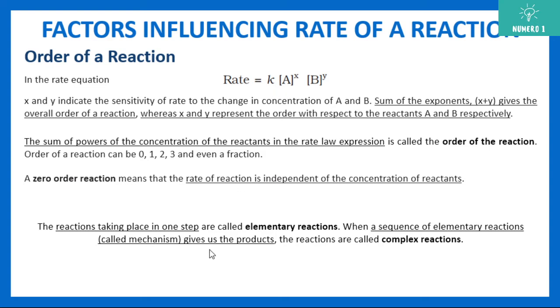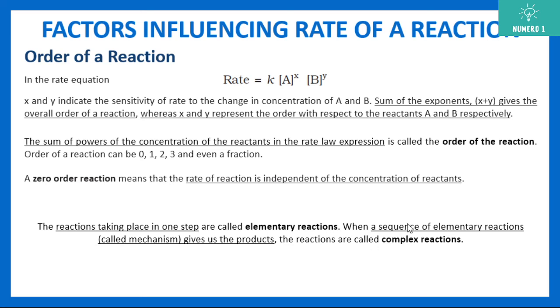Also, what is important here is that reactions taking place in one step are called elementary reactions. So this is the definition. Elementary reaction means one that is getting over in one step only. Whenever there is a sequence of elementary reactions, let's say there are 3-4 steps in a reaction, that is actually called the mechanism, and after 3-4 reactions it gives the final product.